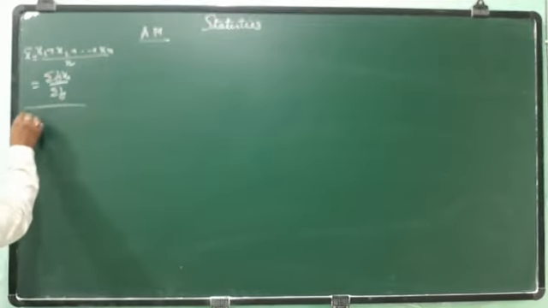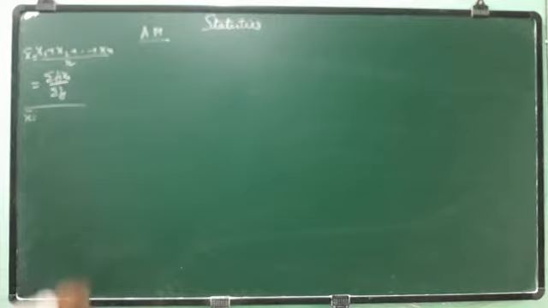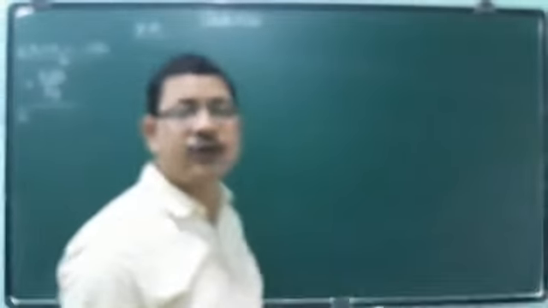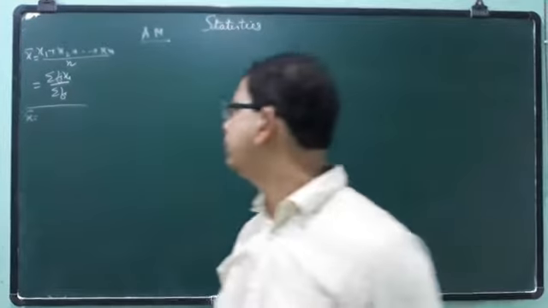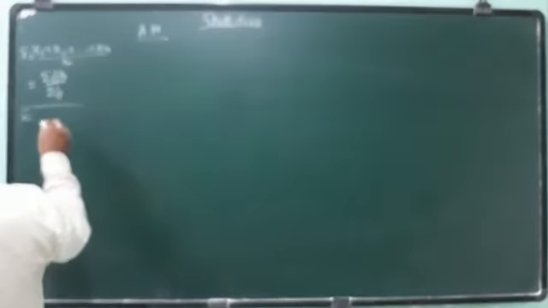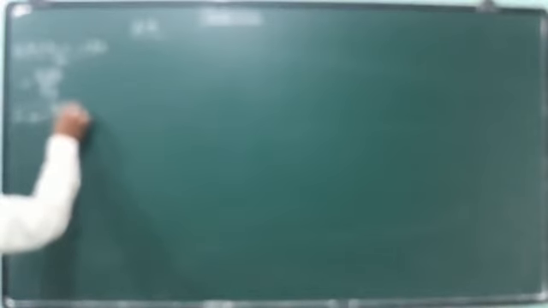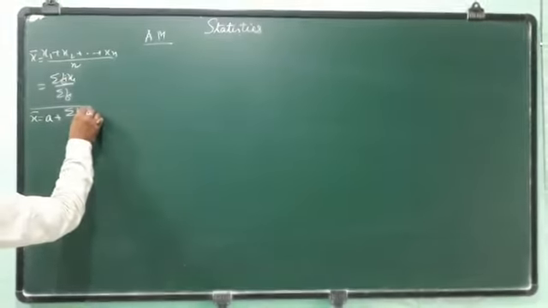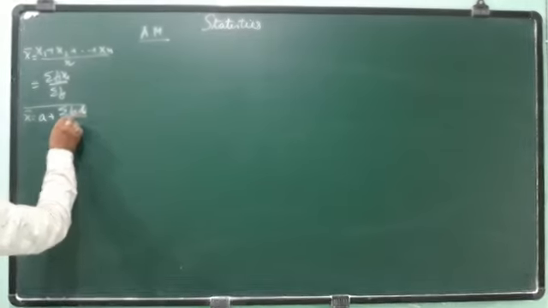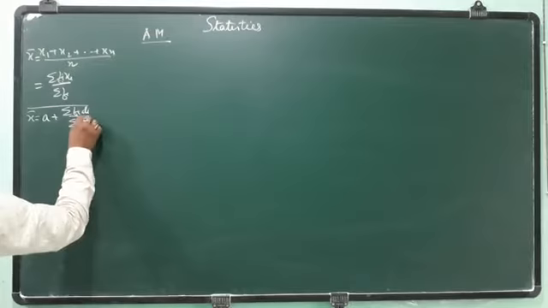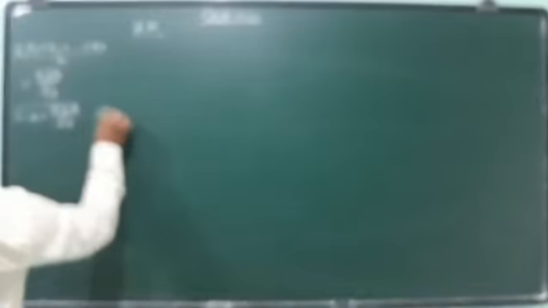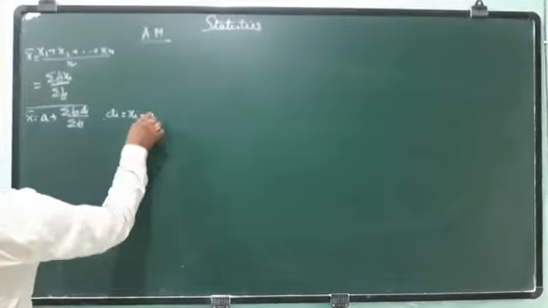Then in class 10 we have done one formula that is called assumed mean method of calculating the average, and it is a plus summation fi di by summation fi, where di is xi minus a.